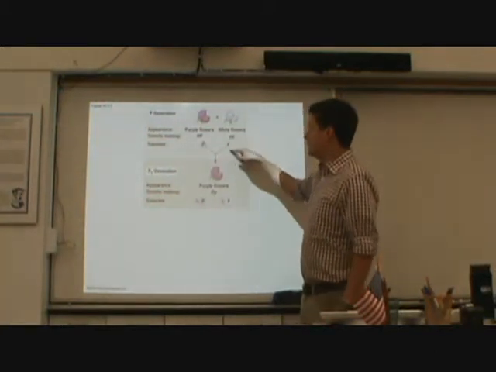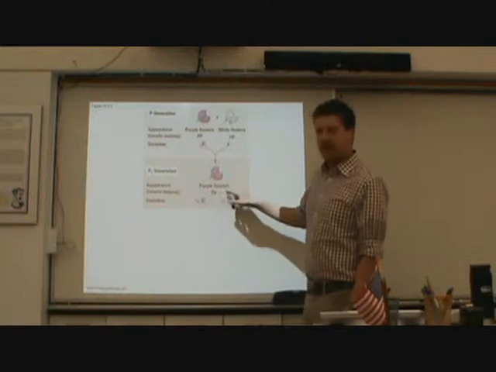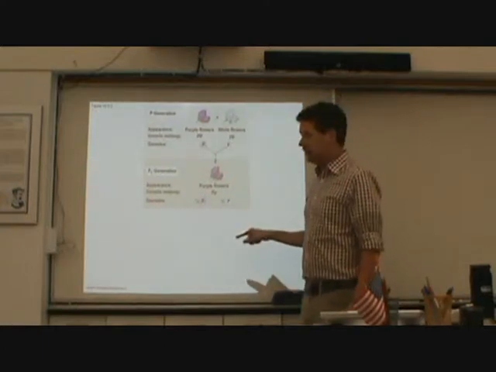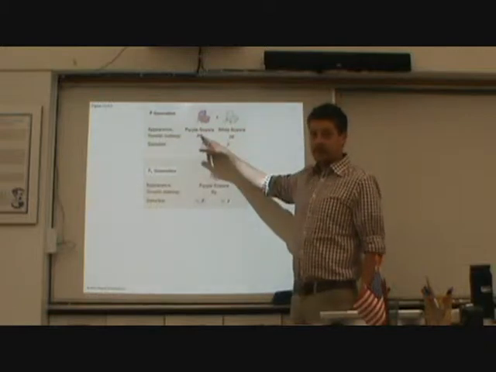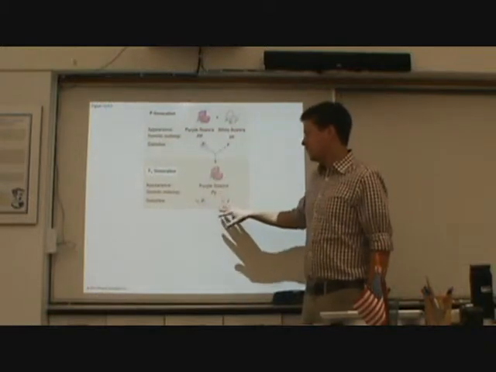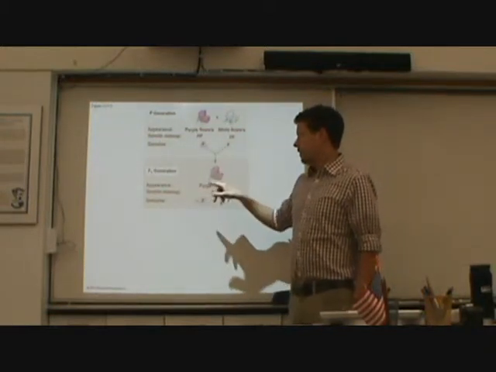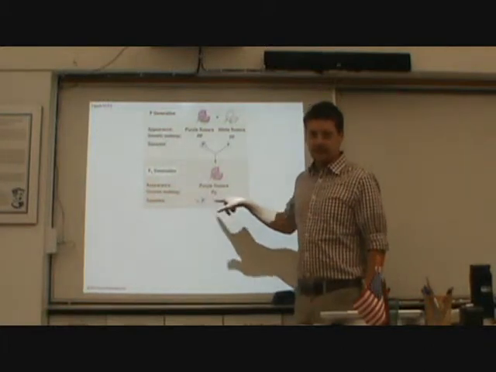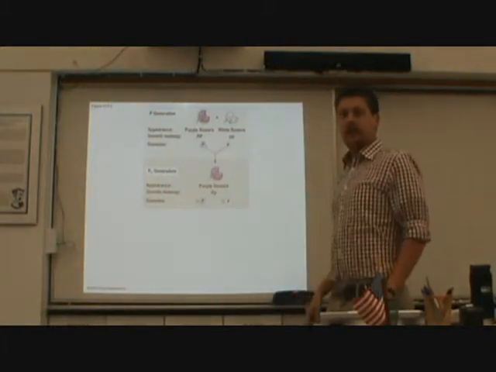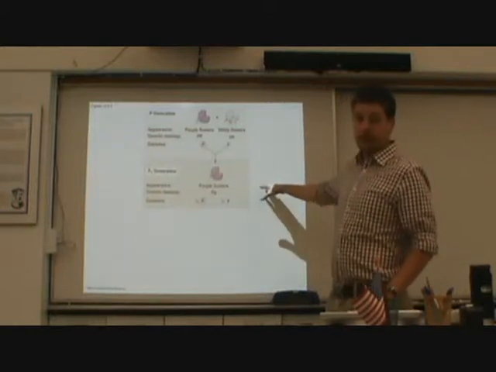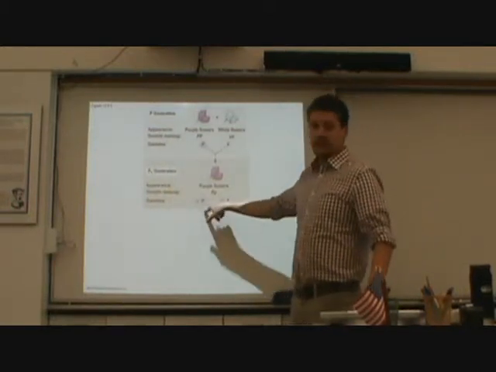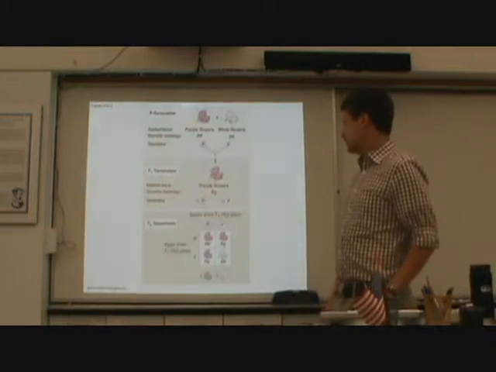This one only has 2 recessive alleles to give. So you know that all of the offspring that you're going to get will have one allele from this parent and one from this parent. So all of the offspring are going to have one of each of those alleles. They'll all be purple because they all have at least one purple allele.